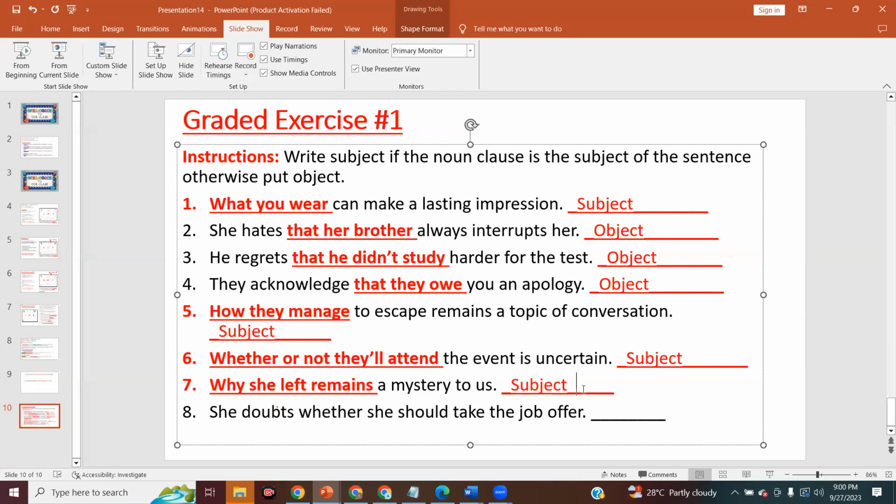But if the relative pronoun or the subordinating conjunction comes after the verb, then it's object. Okay. You got that? Could you repeat object, please? Okay, if the relative pronoun or subordinating conjunction comes after the verb, then it's object.